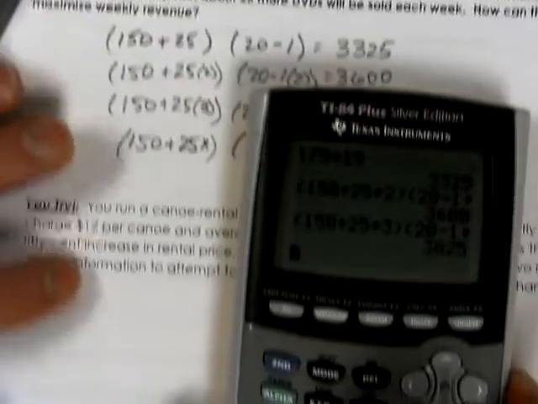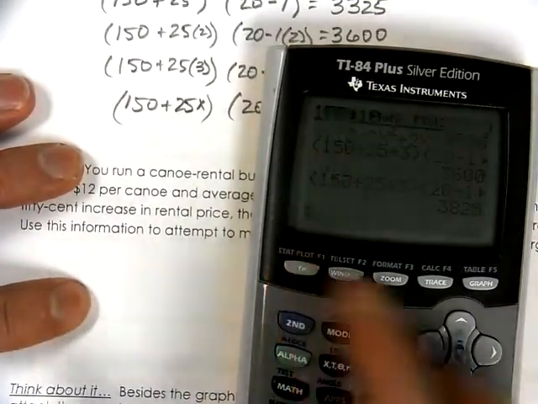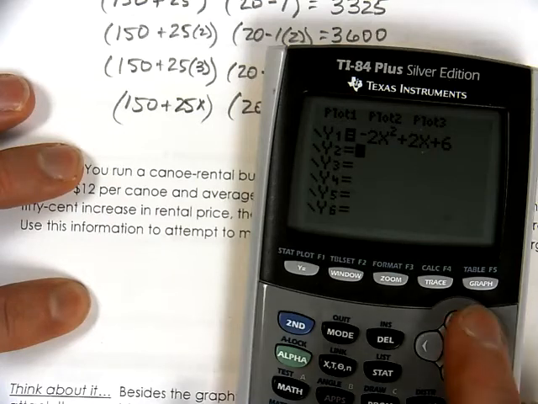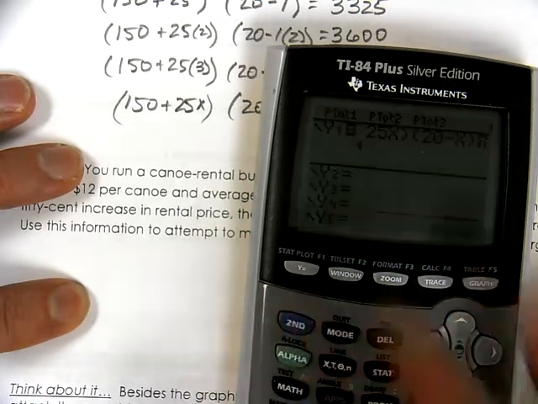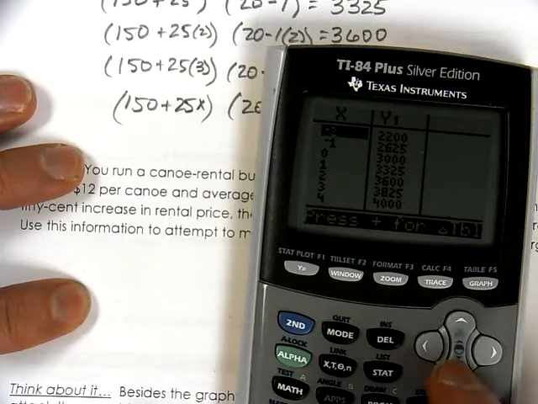So by going to our calculator, y equals, let's get rid of our previous one, we're going to take 150 plus our 25x, our $20 minus our 1x, and we can look into our table.